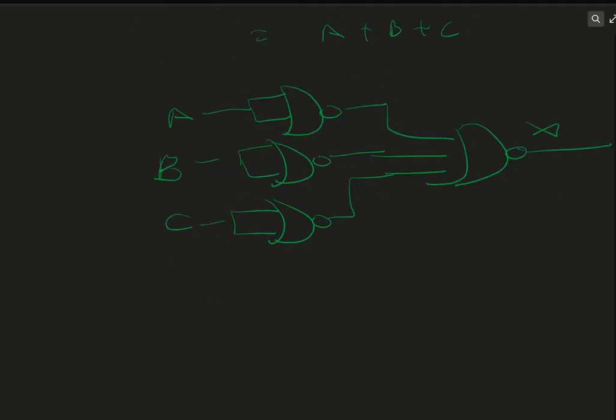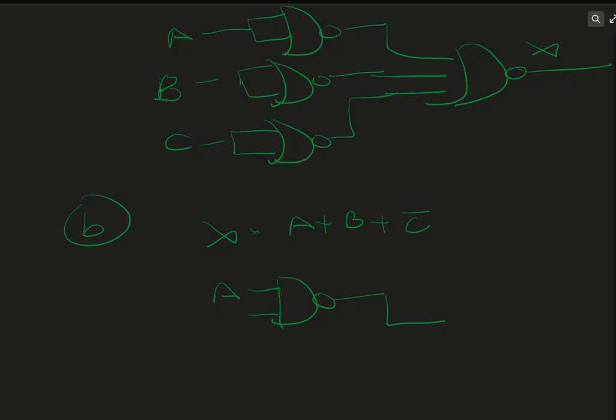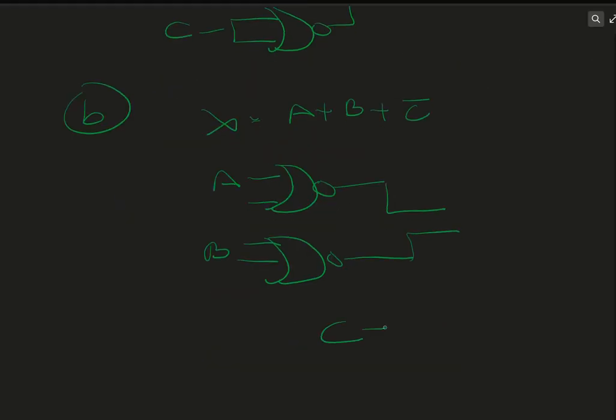Okay, I hope you guys understand. Let's go for the equation. X equals A plus B plus C bar. So we have to invert A and B. You could directly put C into the equation, or you could use 3 NOR gates for C, but I think it's gonna be better if I use 1 gate, because 3 gates are a hassle.